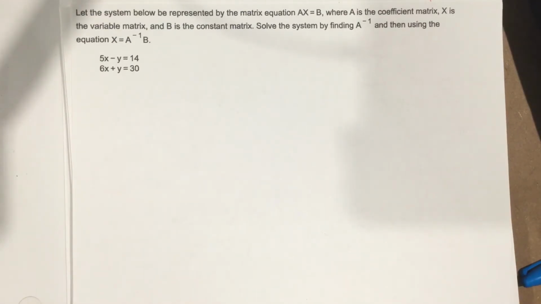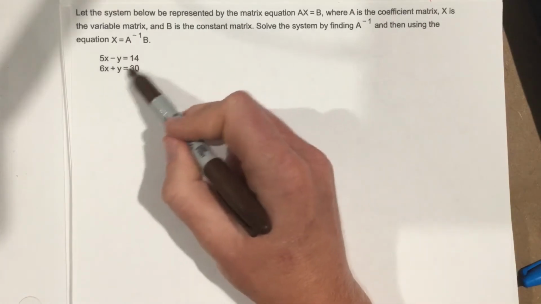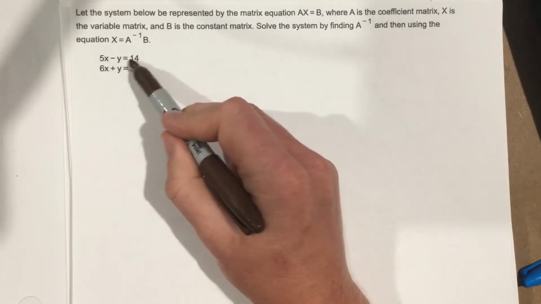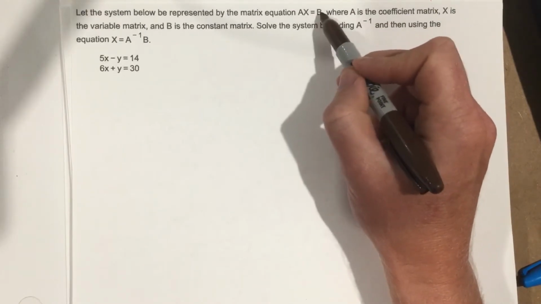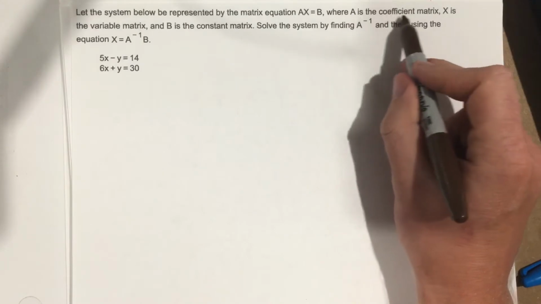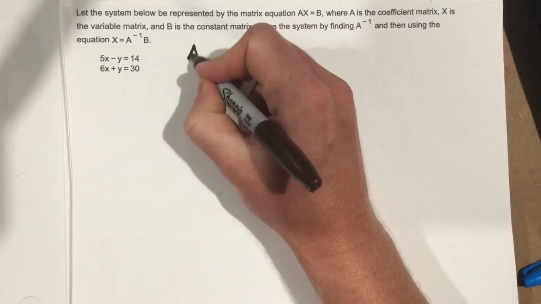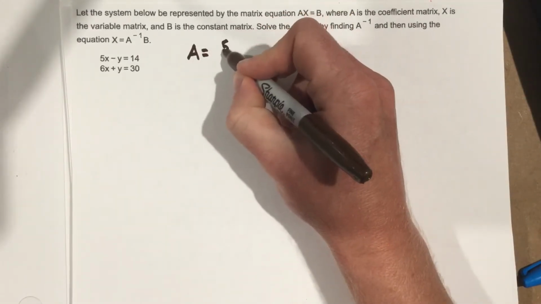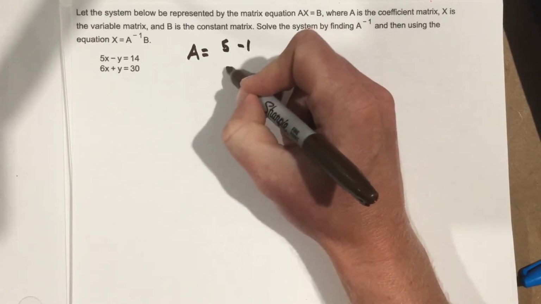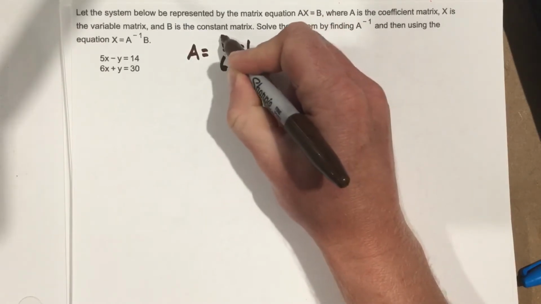All right, so they're saying, we did this in the previous two problems, but they're saying, make this system of equations into a matrix equation AX equal B. So let's do that. They already said A is a coefficient matrix. So A is 5, -1, 6, 1.